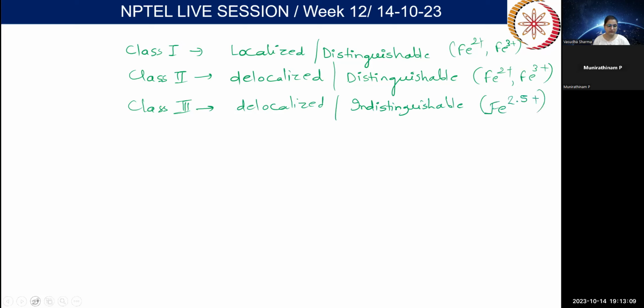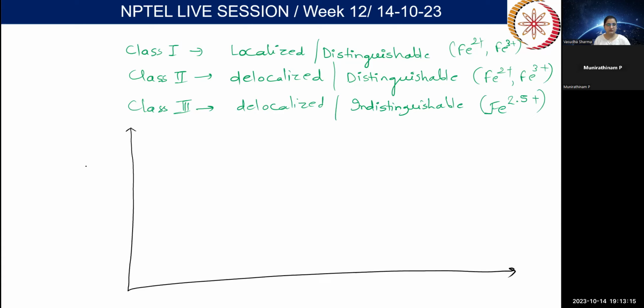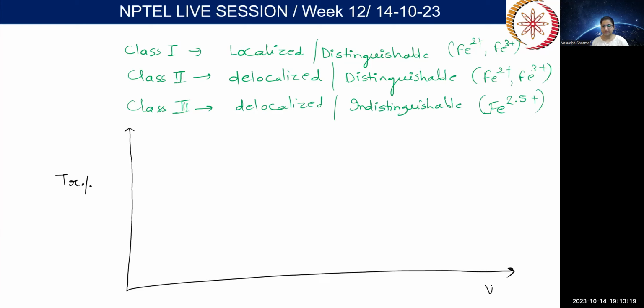Now, how will their Mössbauer spectra look? Here the y-axis is transmittance and the x-axis is velocity.